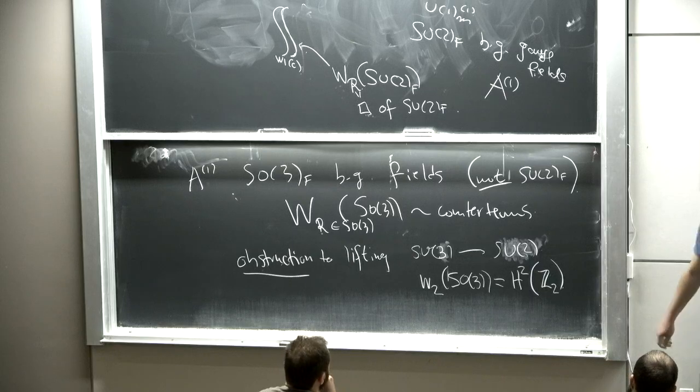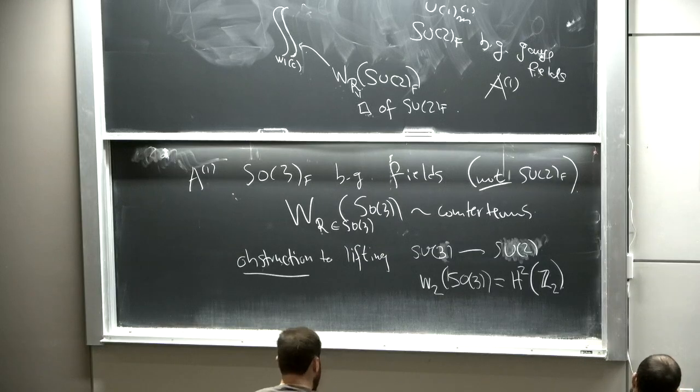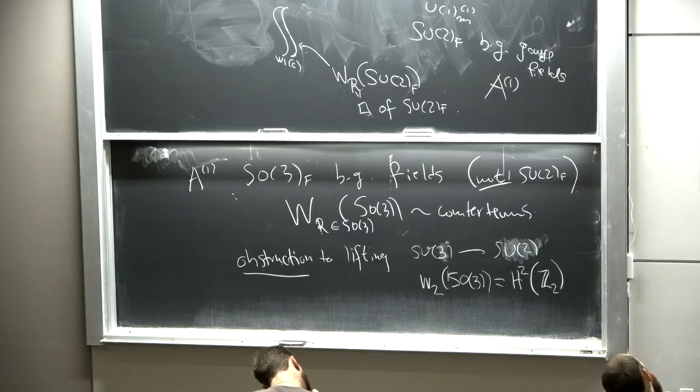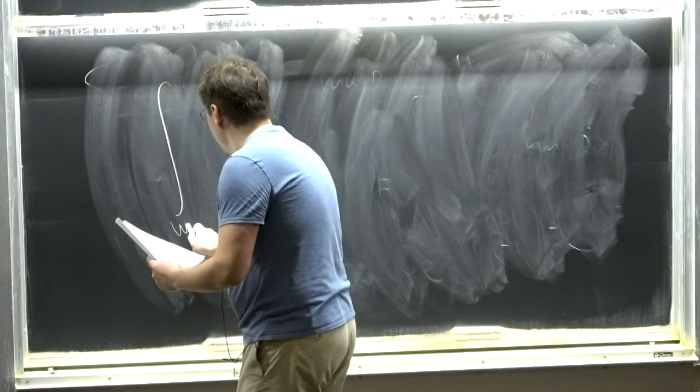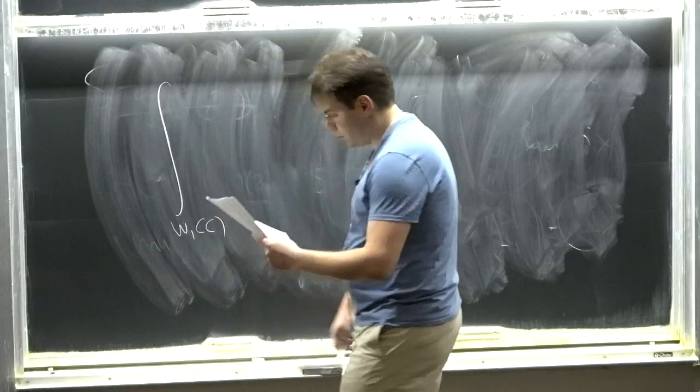And one way this comes about is the way that we encode the projectiveness of the line. We take here the Wilson line of 1.